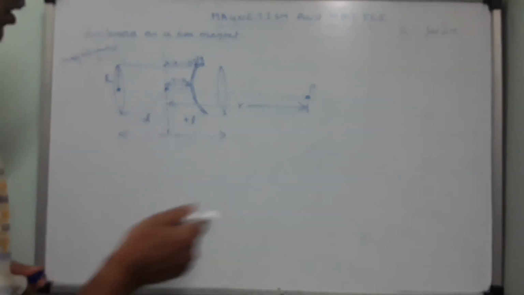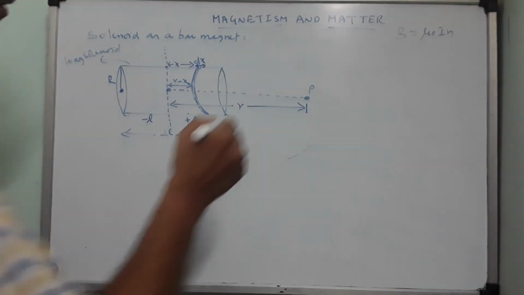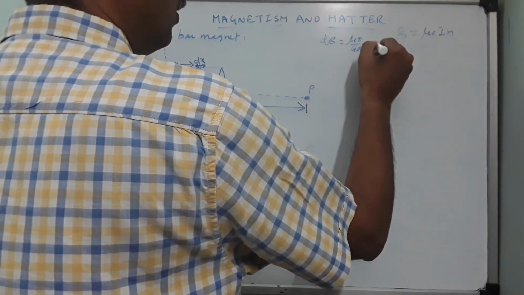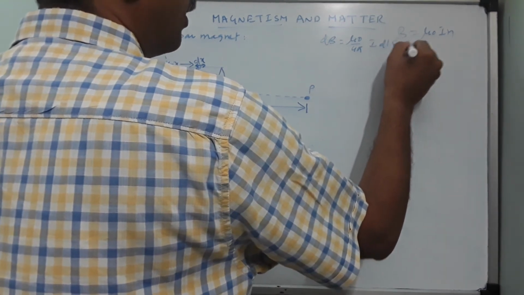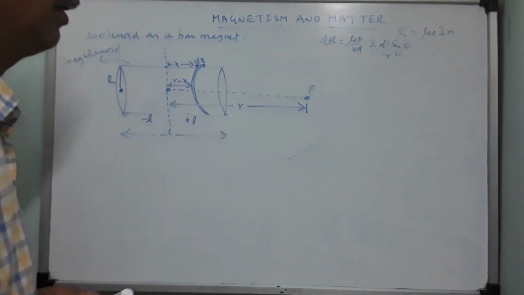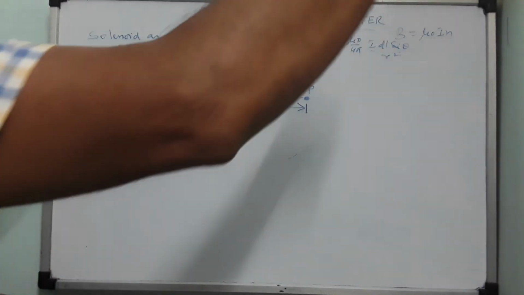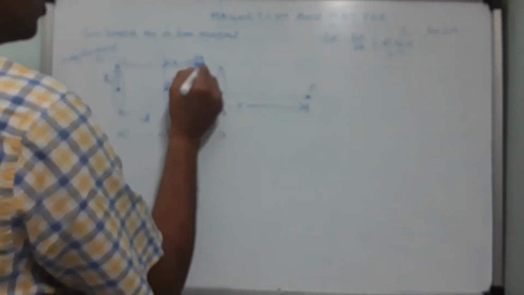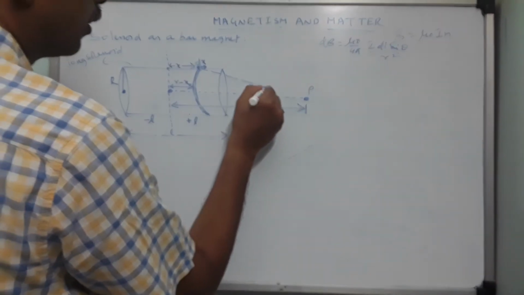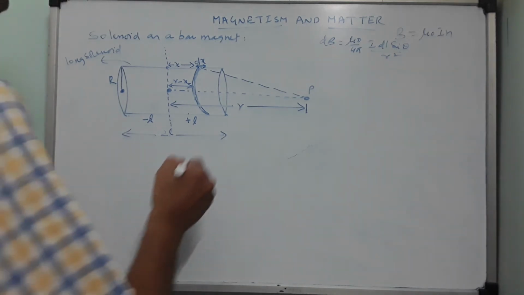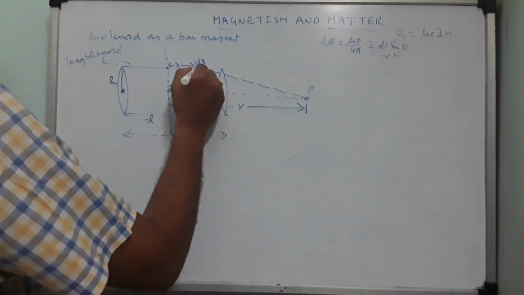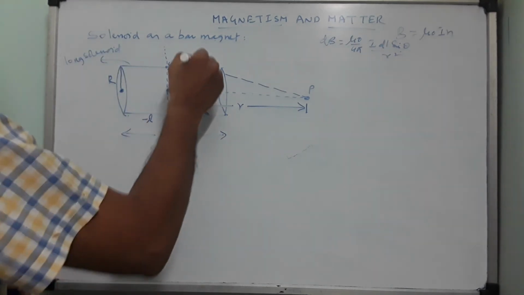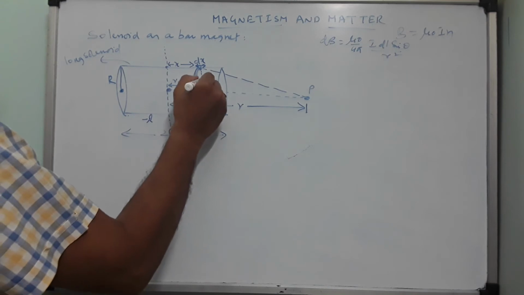Fine. So to use Biot-Savart's law, what is Biot-Savart's law? dB equals mu naught by 4 pi into I dl sin theta divided by r square, where r is the distance of point P from the element. So this is my element, point P, and this is my distance. How much is this distance? This dotted line, is it not equal to r?